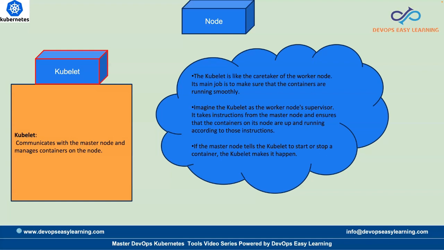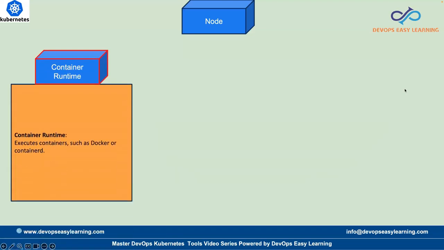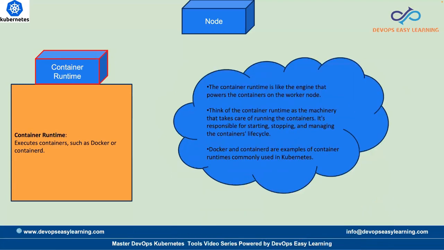Another important element, we still have two important elements. The next element that we are going to talk about is the container runtime. This is a simple one. The container runtime executes containers, such as Docker or containerd.